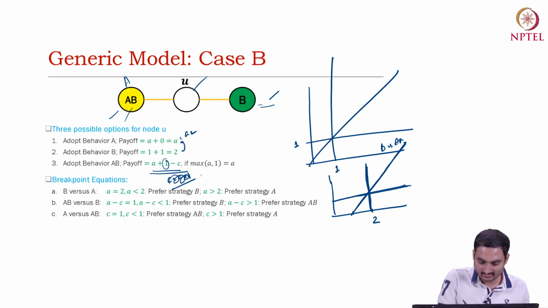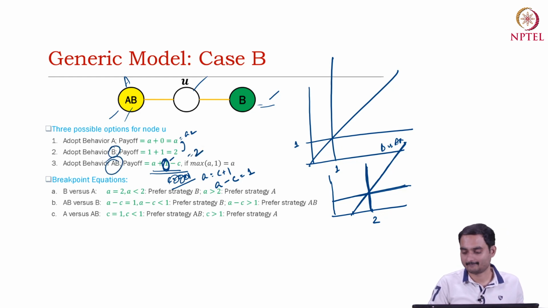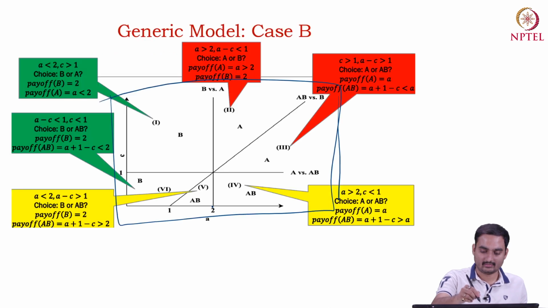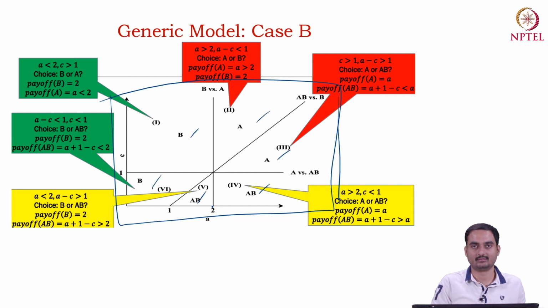Sorry, not C equals A minus 1, A equals C plus 1. If A equals C plus 1, then A minus C would be 1, and you also have 1 here, so it would be 2. Then you will be confused between A and AB. If you derive in the same manner, you will see this kind of thing emerging: B, A, AB, AB and B.